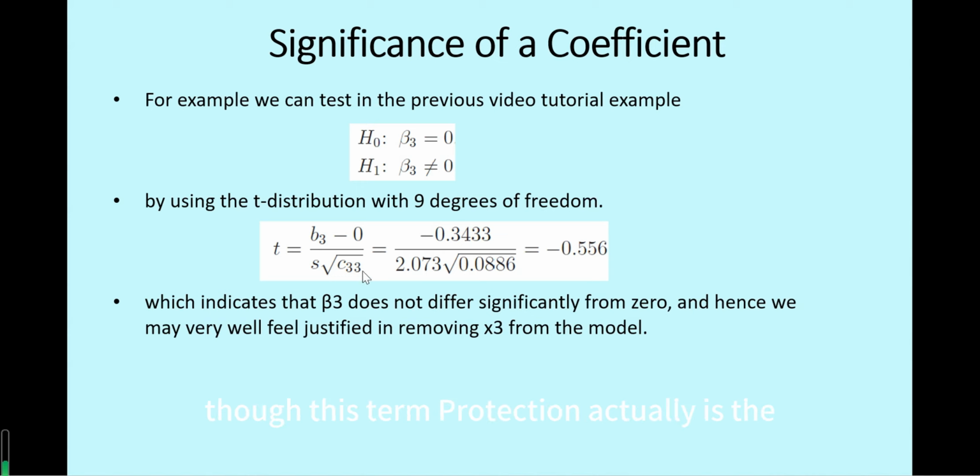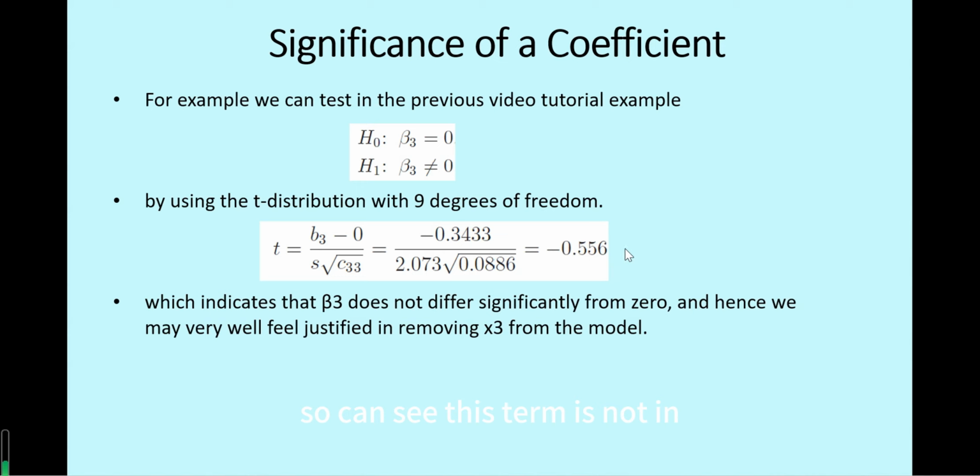This term actually is the standard error of B3. The division of these two parts gives minus 0.556, and this follows a t-distribution with 9 degrees of freedom.